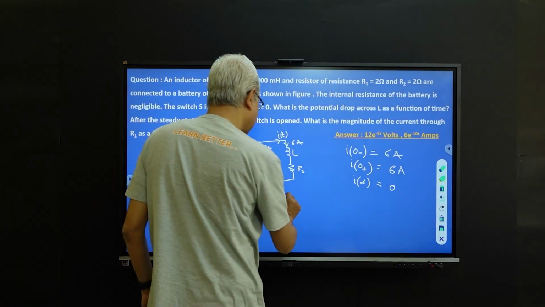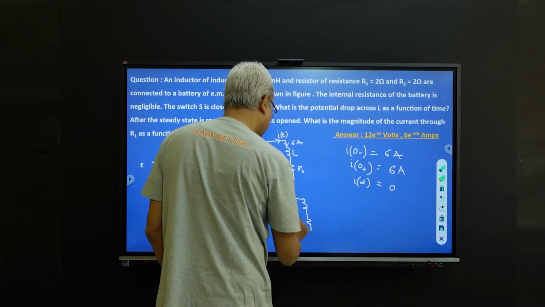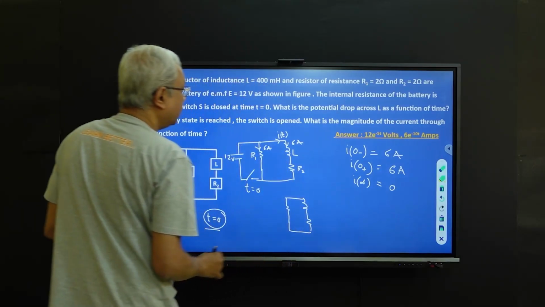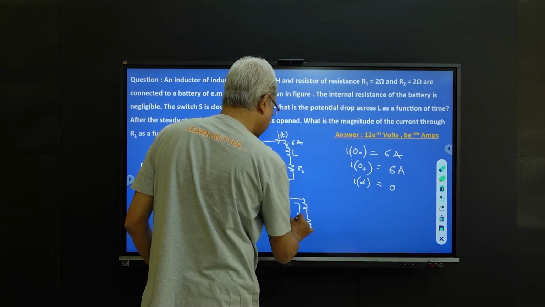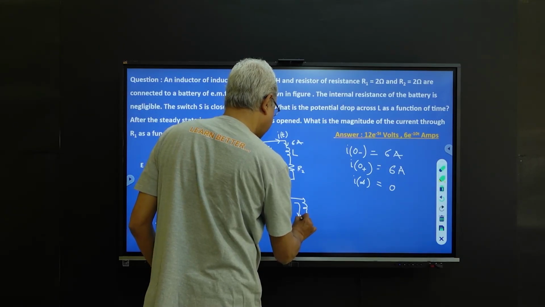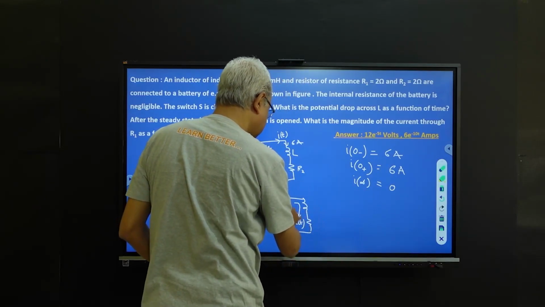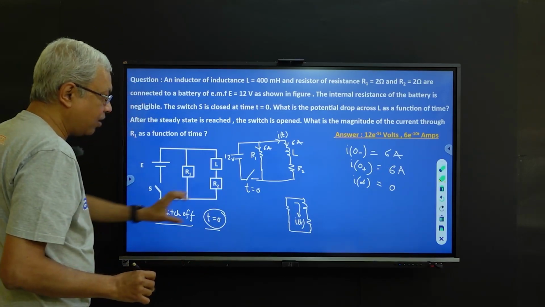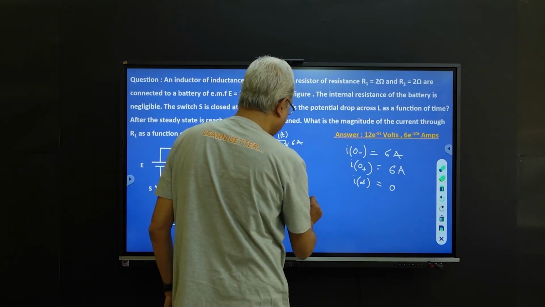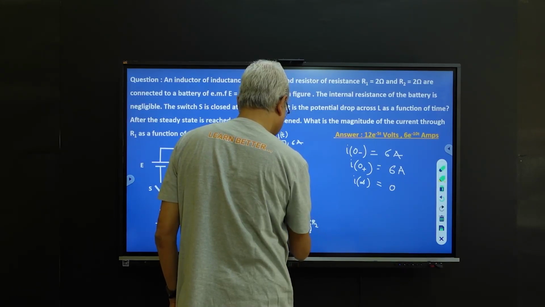Actually now the circuit looks like this. Initially the current was flowing and at t equal to 0 plus the current is 6 ampere, and this current is circulating and it will die down eventually to 0. This is L, this is R2, this is R1.